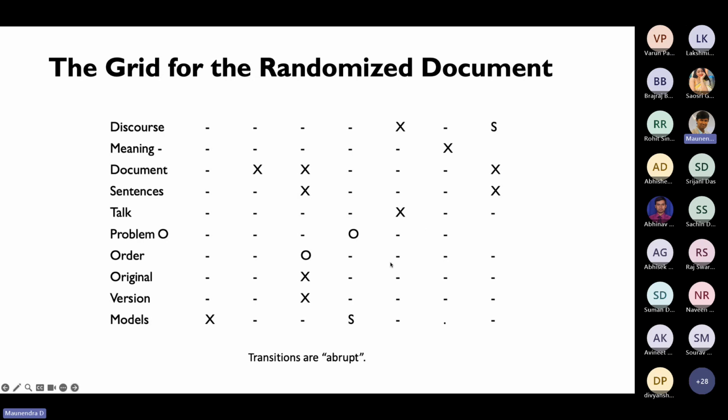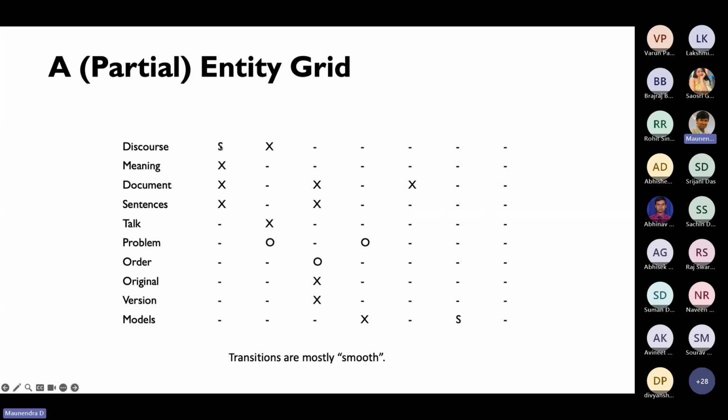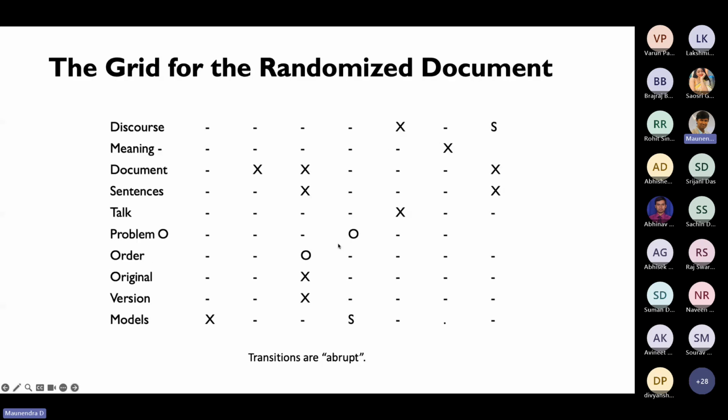In this toy example it may not be very visible, but in any large real document you will see that the thing looks disorganized. There are jumps: something was a subject, then it became an object, or became a single mention and then was not used again. All these nice structures will not be here.